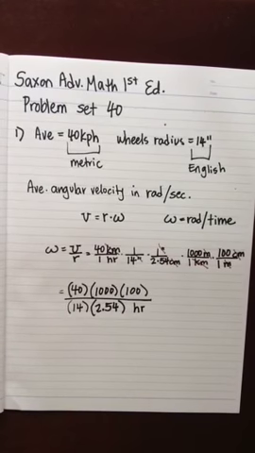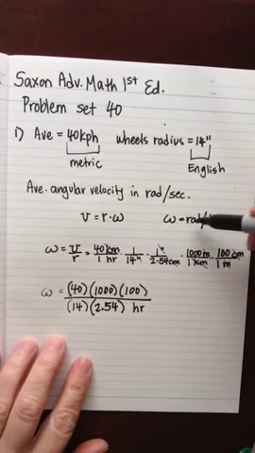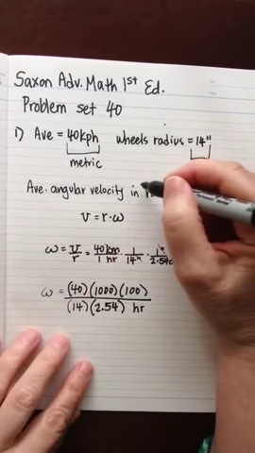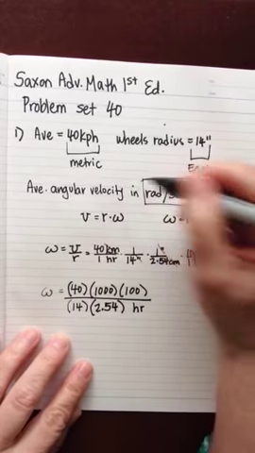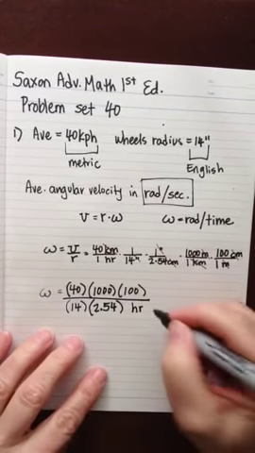And the problem asks us to calculate omega in radians per second. What we have now is an expression for radians per hour. We want radians per second.